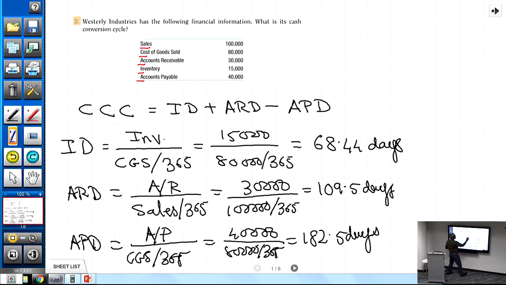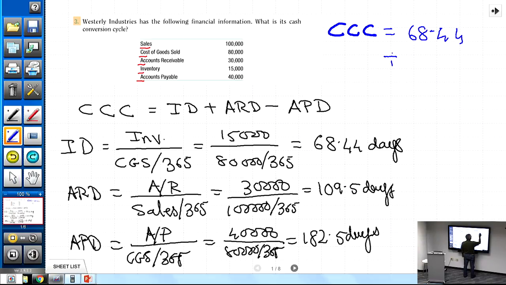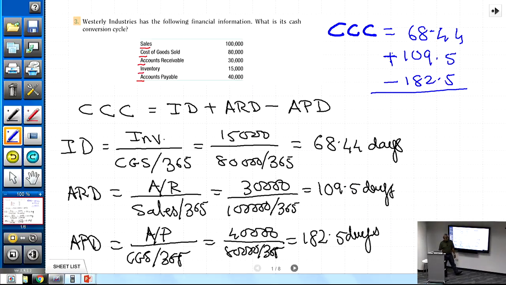So then our cash conversion cycle, CCC, would be inventory days of 68.44 plus accounts receivable days of 109.5 minus accounts payable days of 182.5, which nets out to negative 4.56 days, telling us that it collects cash from its customers 4.56 days before it pays its suppliers.